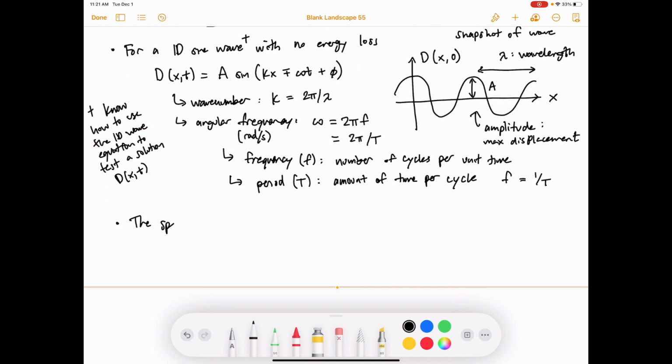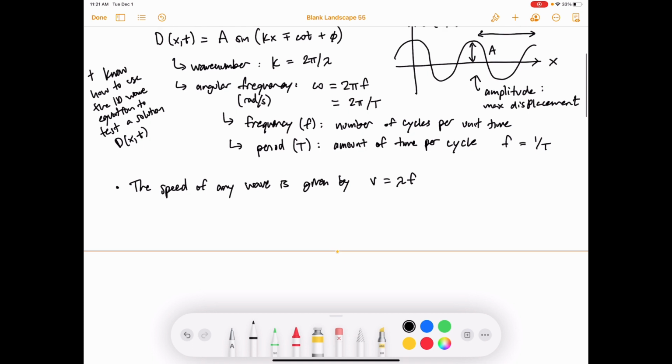The speed of any wave is given by v equals lambda f. That's the fundamental relationship between the speed, the wavelength, and the frequency of a wave.